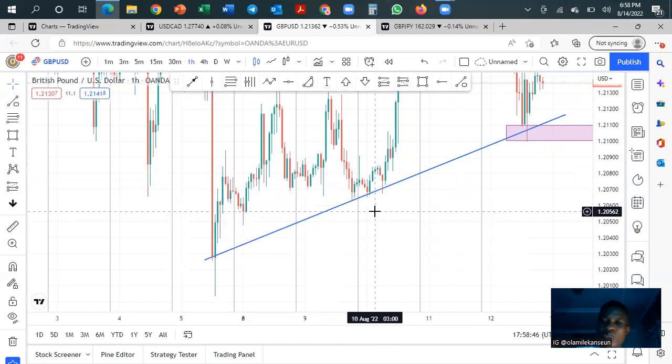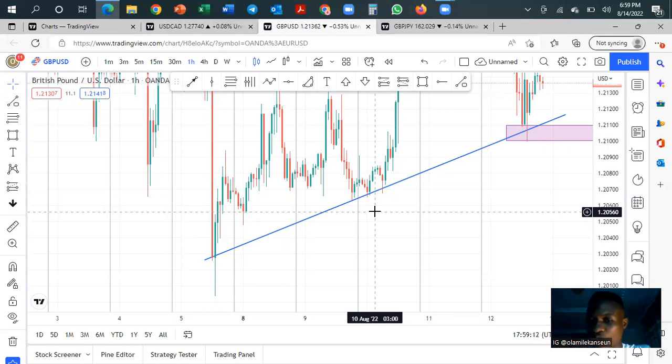So what you need to understand when it comes to trading a trend line, number one, for me personally, I trade a trend line when it touches the trend line the third time. Let me say it again. I trade a trend line when I have the third touch on that trend line.